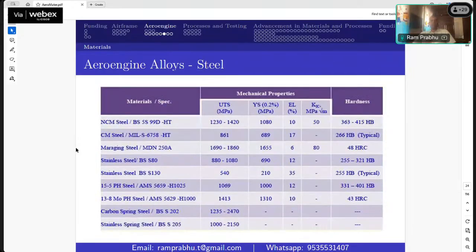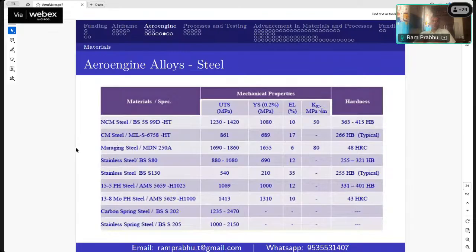Similarly, in the field of steels, you don't find any plain carbon steels or cast irons, conventional steels or cast irons used in automobiles, in the aircraft. You only find low alloy steels of nickel chromium molybdenum, chromium molybdenum, or molybdenum steel.